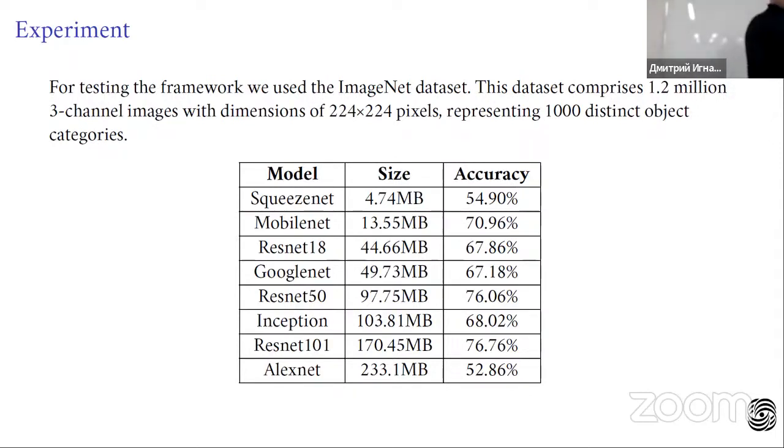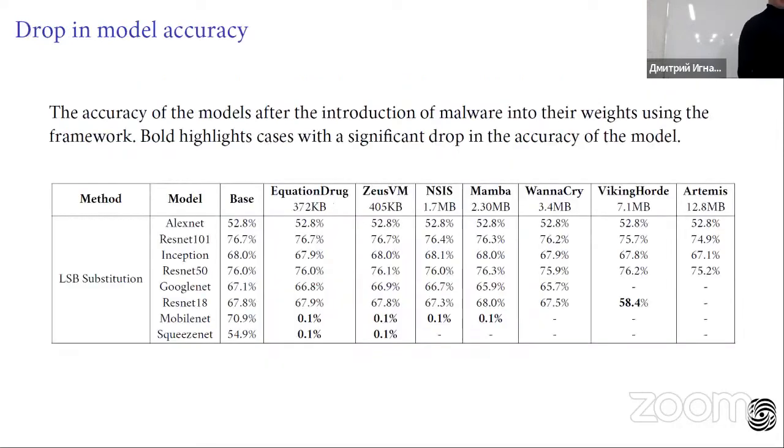These models are pre-trained and we check them on ImageNet. So for the first method, least significant bits, as you can see, for the large models, the accuracy is either 0% or not significant.